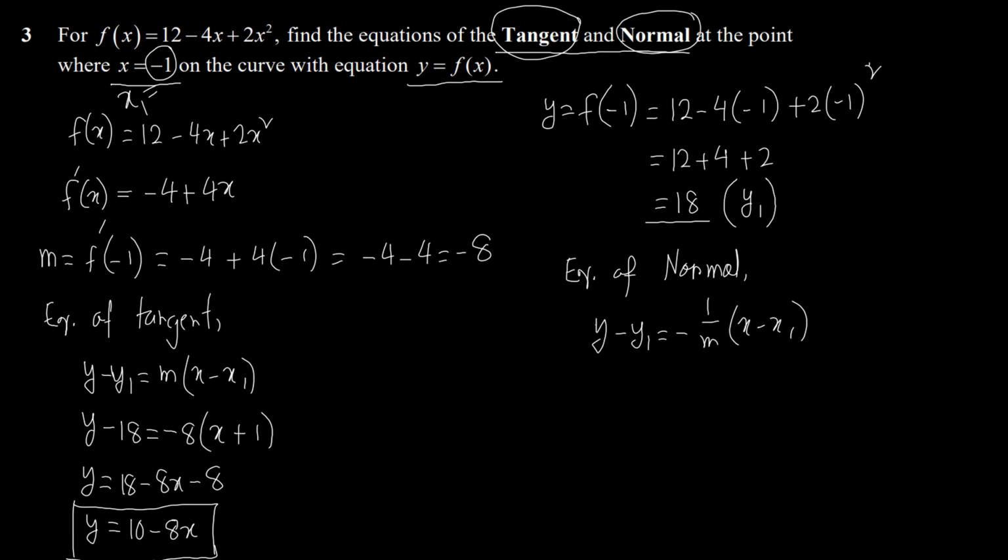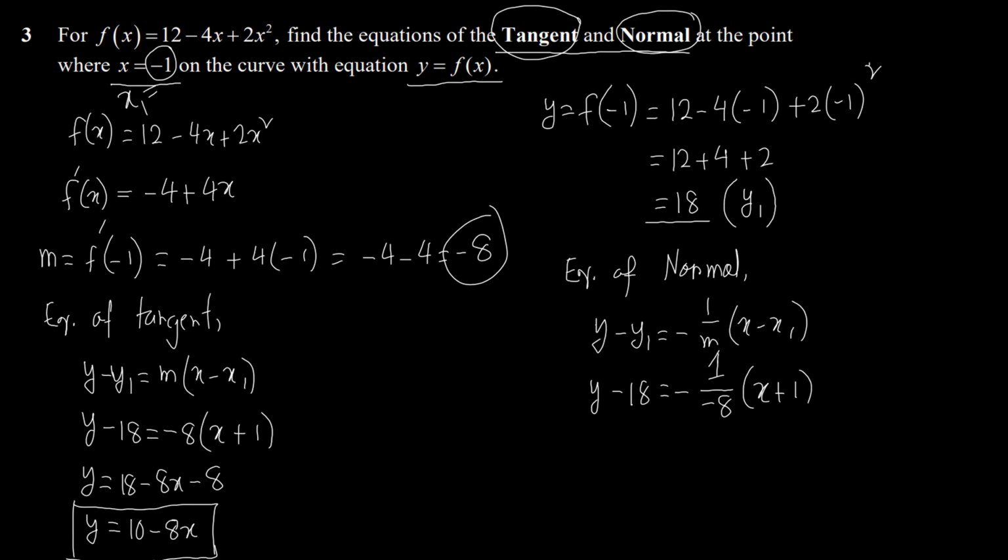Same values you can use, which is y minus 18 equals minus 1 by minus 8, because the gradient we got is minus 8 from here. This gradient normally stands for the gradient of tangent, and for the equation of normal we needed to make it the perpendicular form, x plus 1 on the right side because x1 is negative.